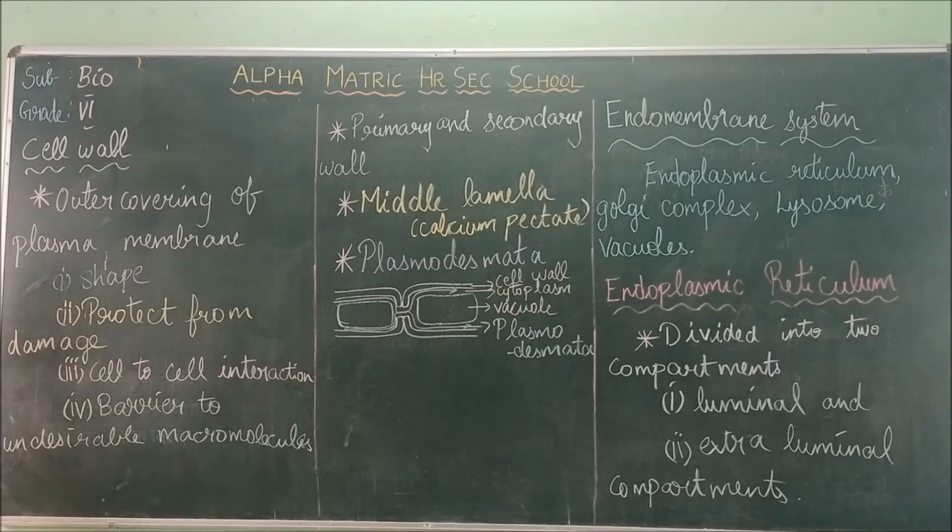Around the environment there are a number of components that are not needed for the cell, and the cell wall acts as a barrier for those molecules. So these are the four functions of the cell wall.